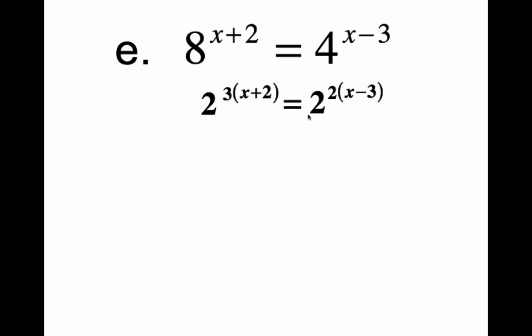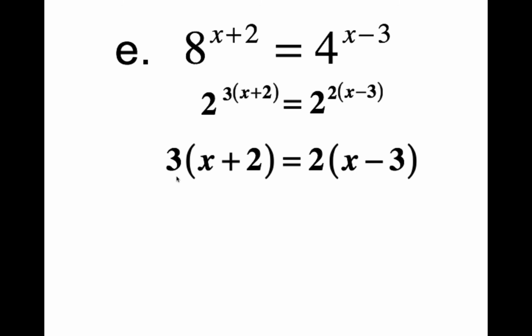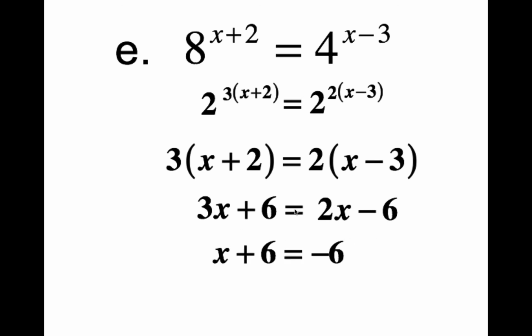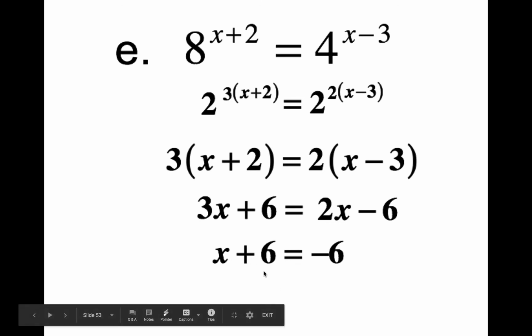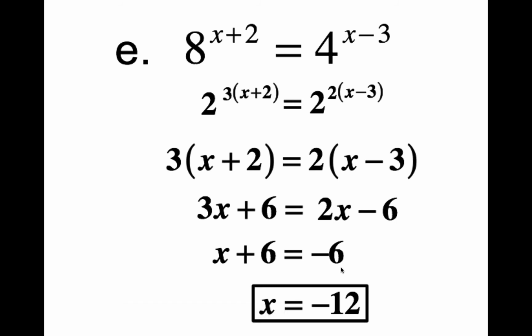When your bases are equal, you can set the exponents equal to each other, and then we need to distribute. So 3 times x is 3x, 3 times 2 is 6, equals 2 times x is 2x, 2 times negative 3 is negative 6. Subtract the 2x from both sides, you get x plus 6 equals negative 6, and then minus the 6 over, x is negative 12.